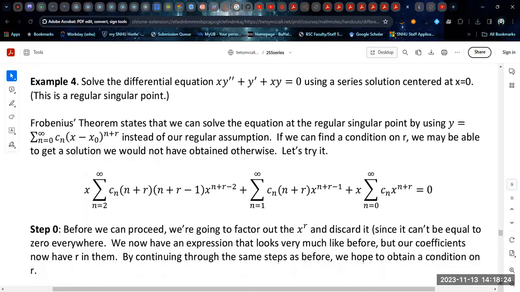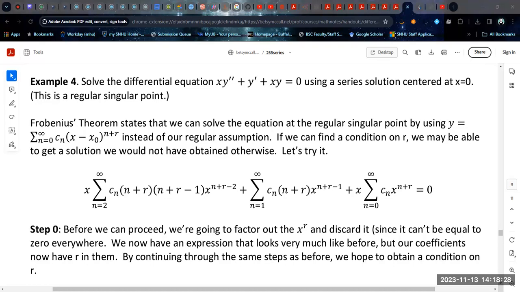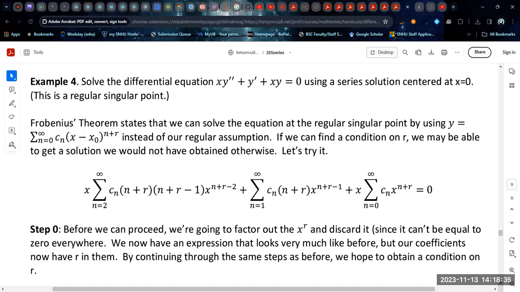Now, as I mentioned before, we're going to return to the second example and try to actually get two solutions. Since x equals 0 is a singular point, we have two options. We can shift the center and try to solve it at a different location, or we can use this trick called Frobenius's theorem, where we can generate a second solution.